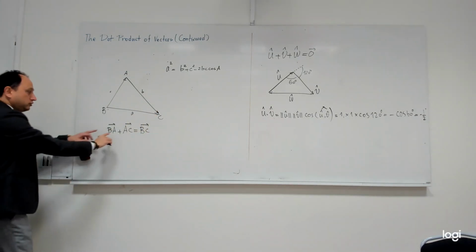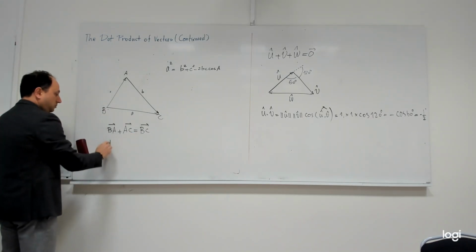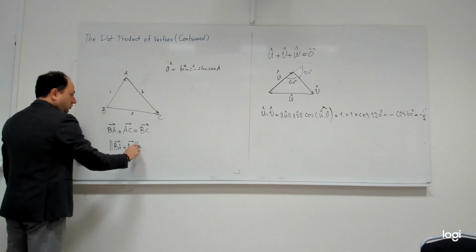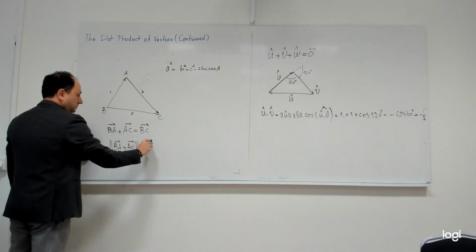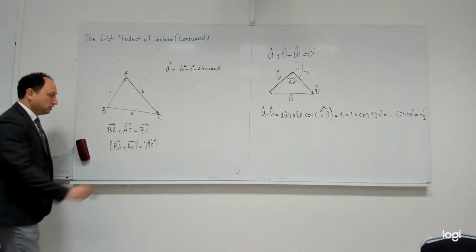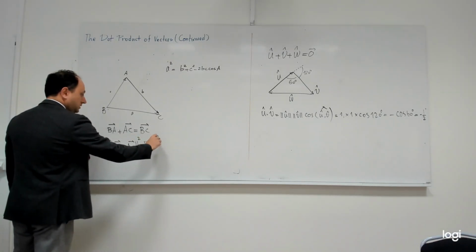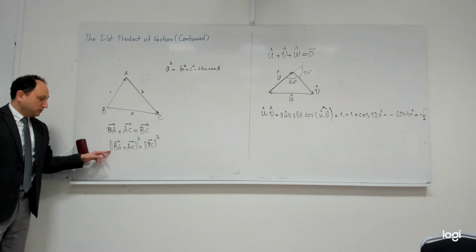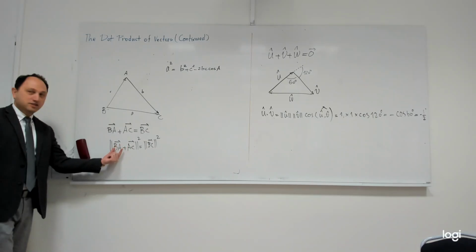And now, if 2 vectors are the same, it means that the norm of this vector is equal to the norm of that vector. Yes? And if the norms are equal, it means the norm squared is also equal to the norm squared. But there is a rule for that one. Do you remember? It becomes like the first identity, yes?